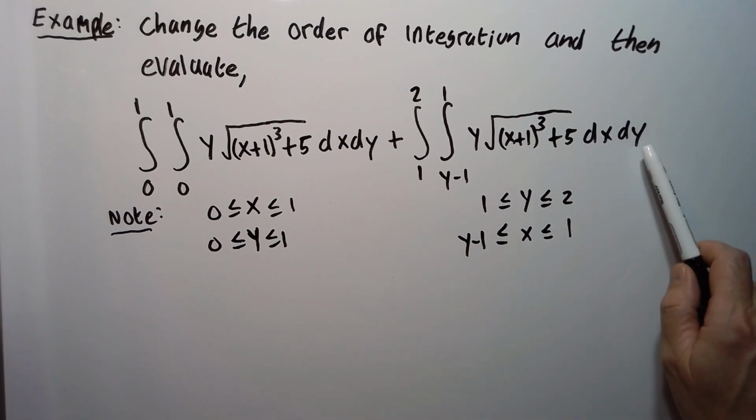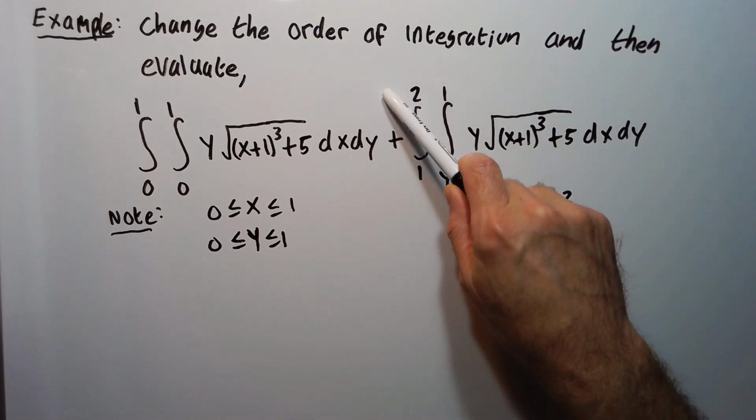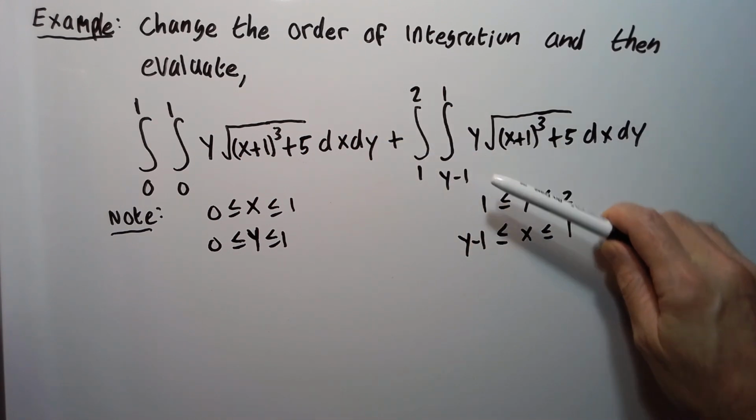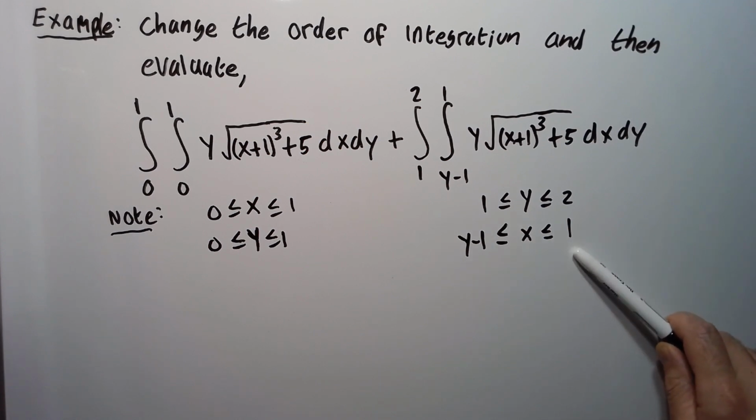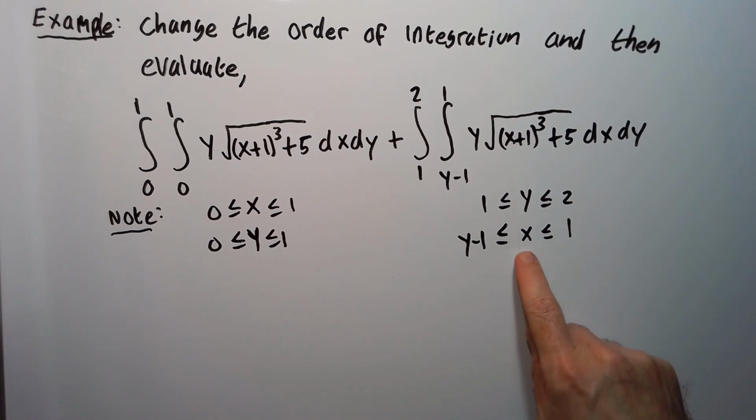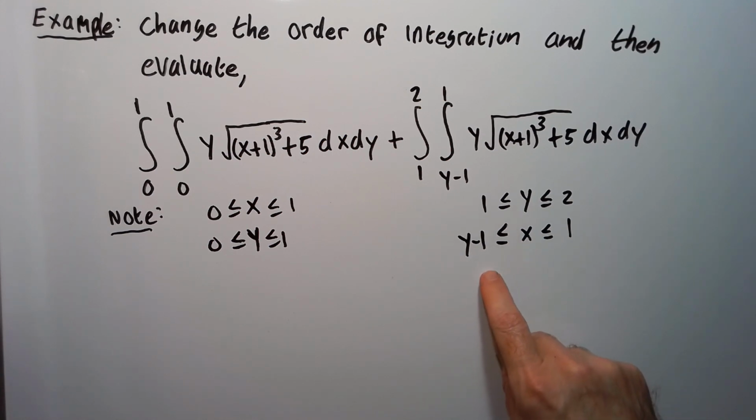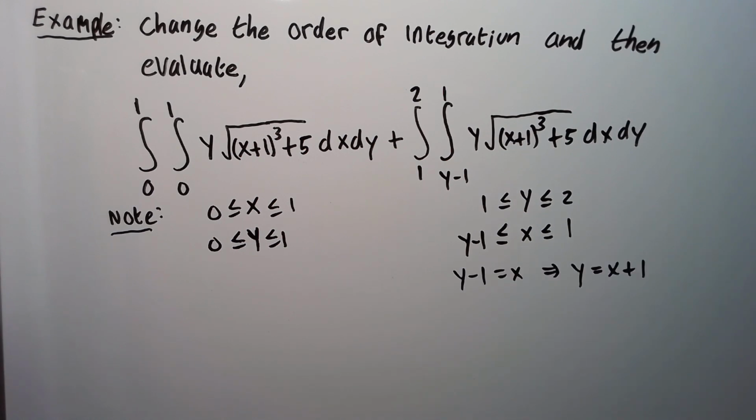On the second one we have y going from 1 to 2 and x going from y minus 1 to 1. Actually, let's set x equal to y minus 1 and solve for y. So y minus 1 equals x, then adding 1 to both sides, y equals x plus 1.